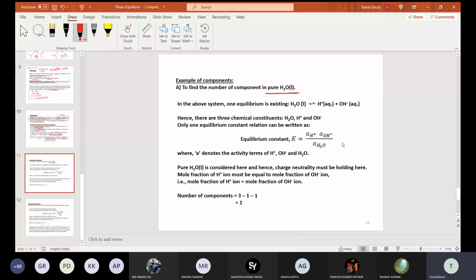So what is the importance of this equilibrium? Can anyone tell me? This equilibrium is very, very crucial. Why? In books it is written as the so-called autoprotolysis.